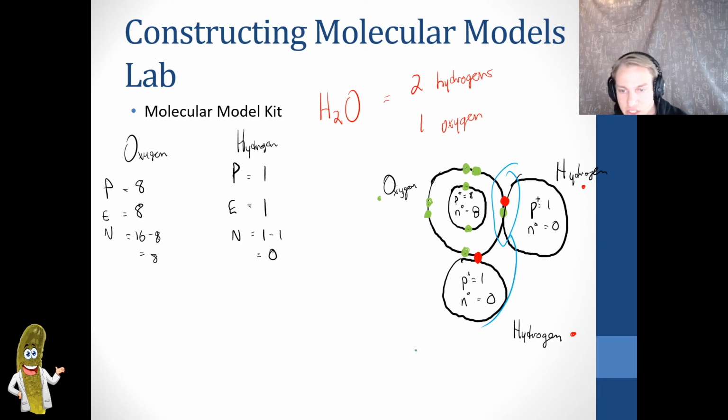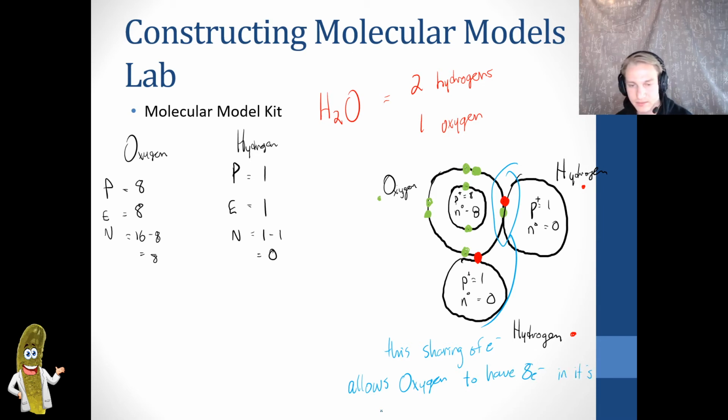And so this sharing of electrons allows oxygen to have 8 electrons in its outer shell, and hydrogen to have 2 electrons in its outer shell.